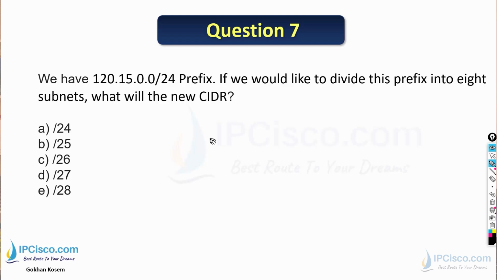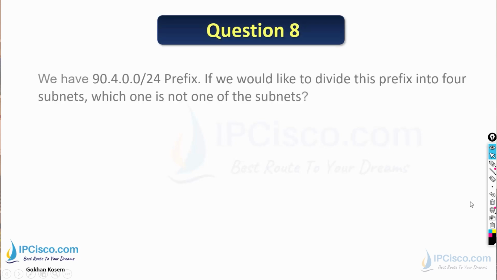So if we need 8 subnets, we need to find 2 to the x equal to 8. So what is this x? This x is 3. So we need 3 borrowed bits. When we get 3 borrowed bits, we will add them to 24 and the new CIDR value will be 27.